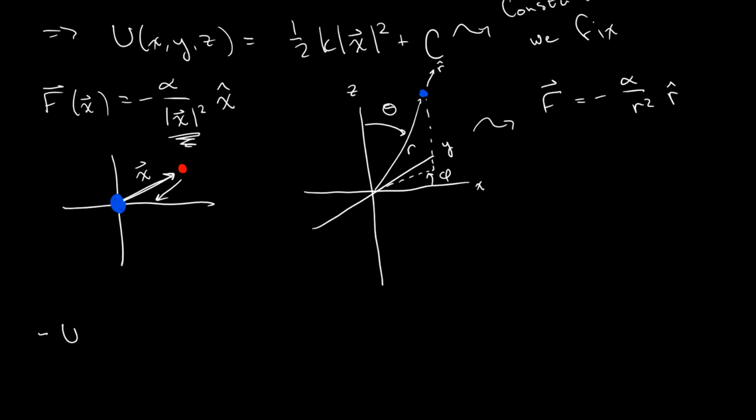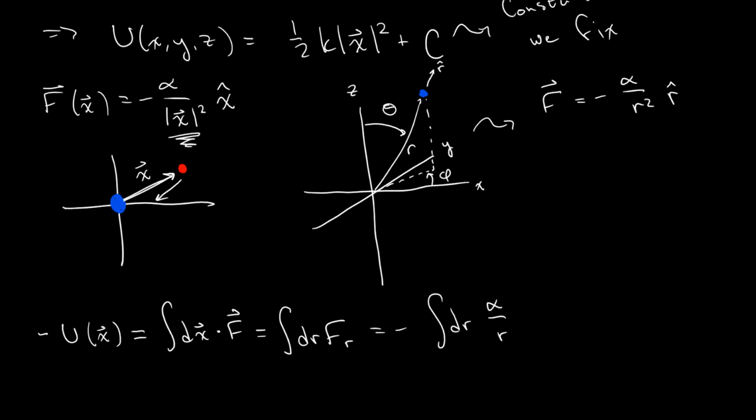This is just going to be given by some U of x, which we know is the integral of dx dot F. The gory details of this get a bit complicated, and at some point I'll go into much greater depth about changing coordinate systems, but in this particular case, since the only component is in the r hat direction, I just get the integral over r of F of r, which in our case is minus dr alpha over r squared.